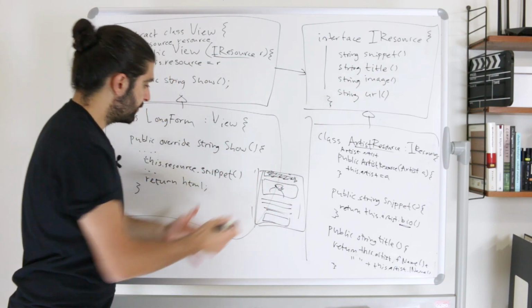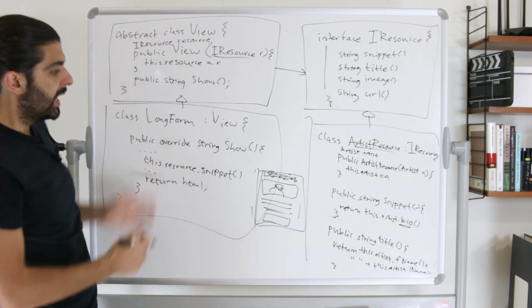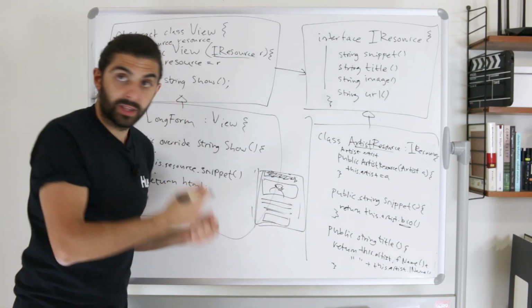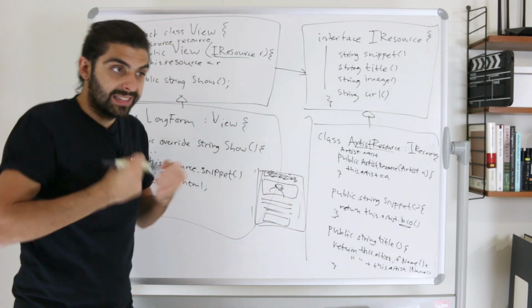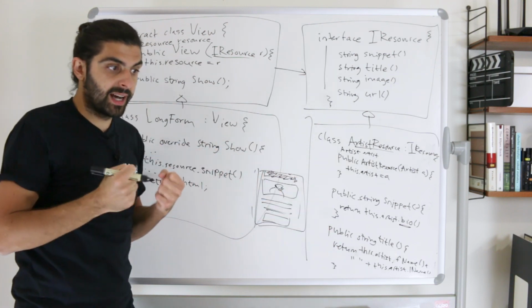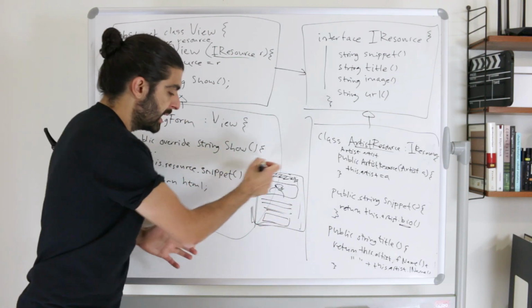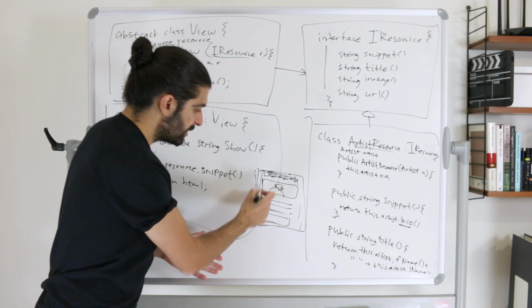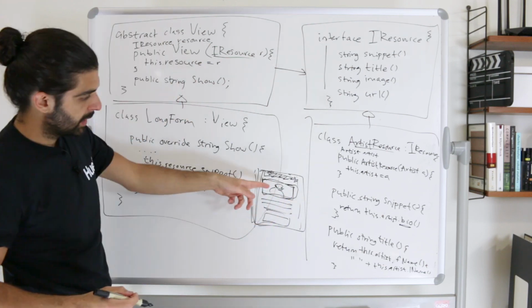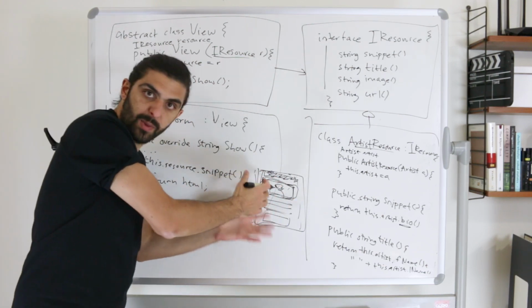So generally it's a view, but specifically this particular view happens to be a long-form view. And this long-form view interacts with the resource that it has, delegates to the resource that it has been passed upon construction, because it is responsible for simply constructing this view, or constructing this layout. What to actually put in this place where we want to have an image, what to actually display there, right?